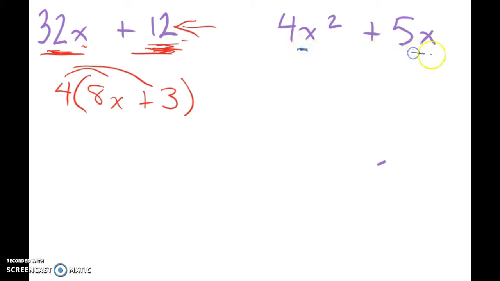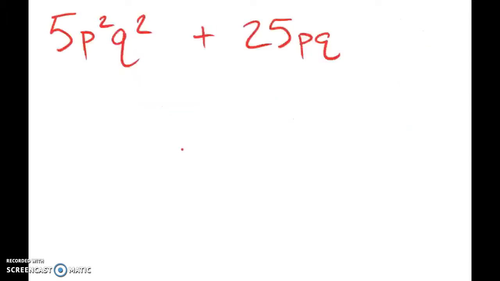Yeah, we could take out 1x. We can't take out 2 x's because there's only 1 x here. The greatest amount of x's we can take out of both terms is just 1x. So we factored out the x, and what do we have left? The 4x, because 4x squared divided by x is just 4x, and 5x divided by x is just 5. We just factored that by greatest common factor.